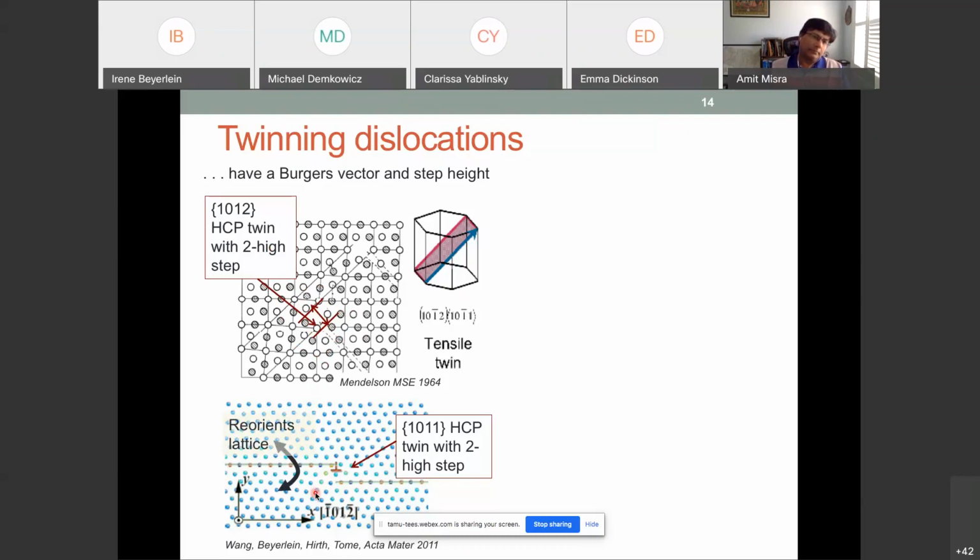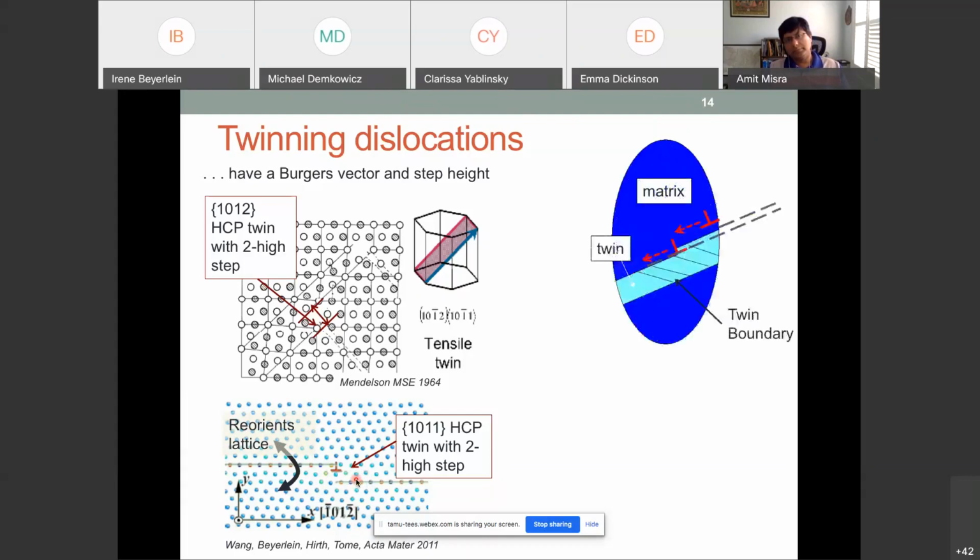The material is no longer in its perfect atomic arrangement, and because of that, if you were to have another twinning dislocation glide alongside this first twinning dislocation, it cannot glide right behind it, but it can glide on the next adjacent plane.